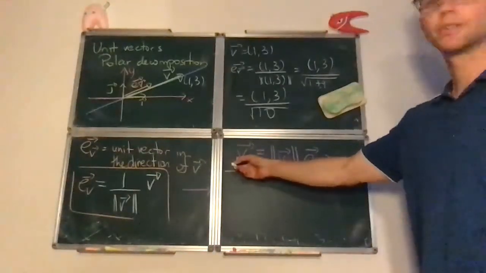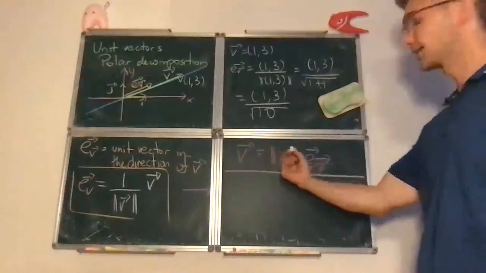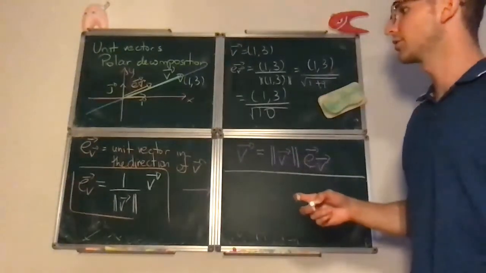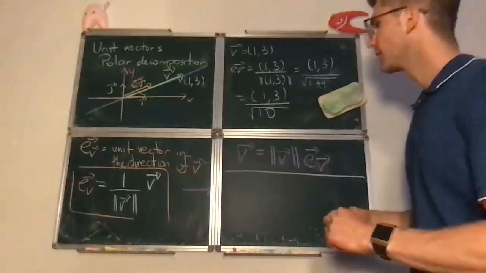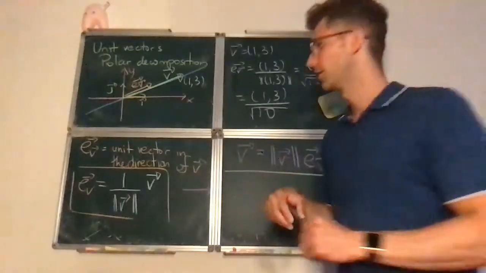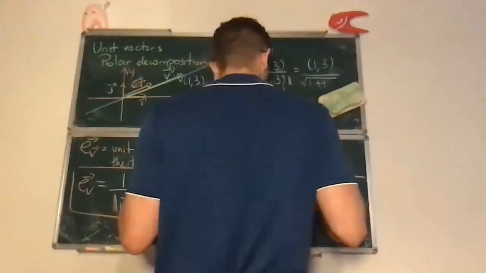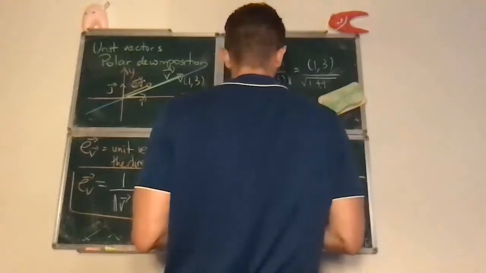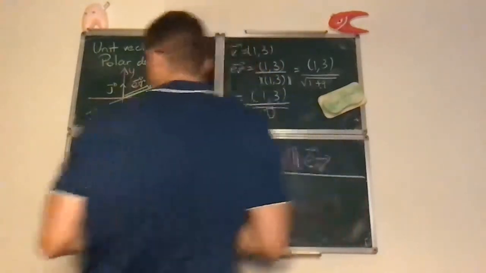That tells you that any vector can be written as some number times a unit vector. What is a unit vector? If you think of a unit vector as a vector of size 1, that means that this is a point on the unit circle, because this has size 1.